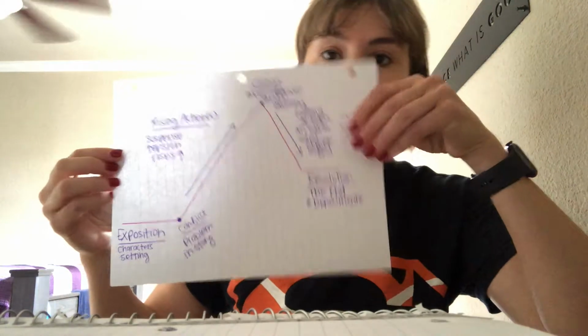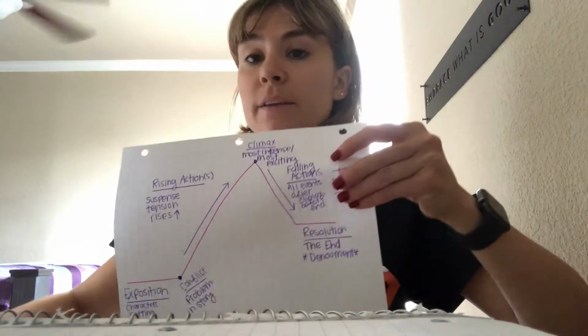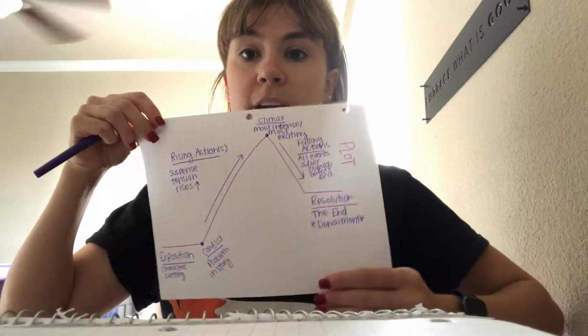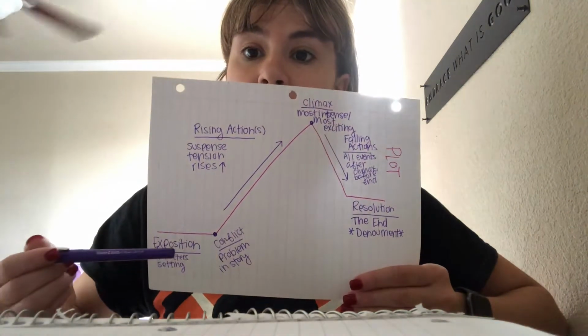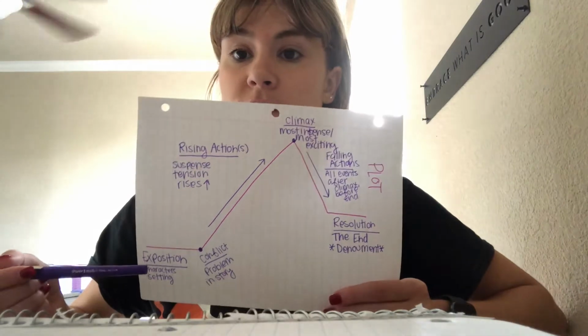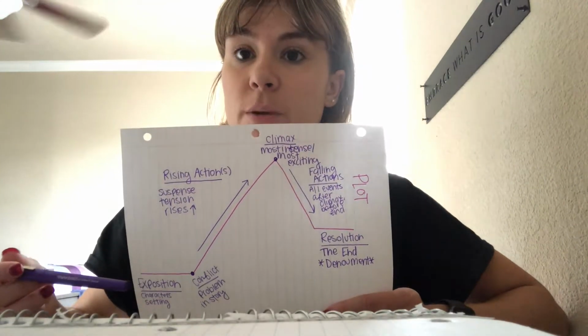Maybe one final lesson is learned very quickly at the end by the characters. Those are all of your plot elements, okay? So plot is the storyline, and we like to think of it as more of a story mountain. So you have your exposition, which begins the story. It exposes information.